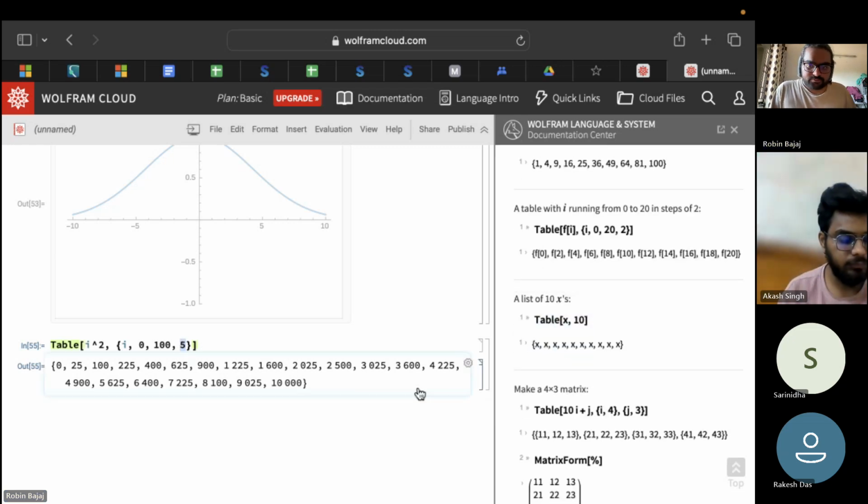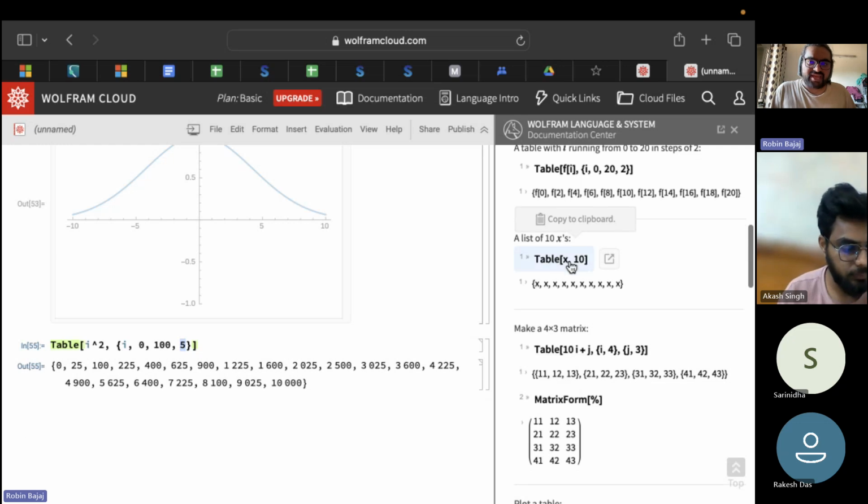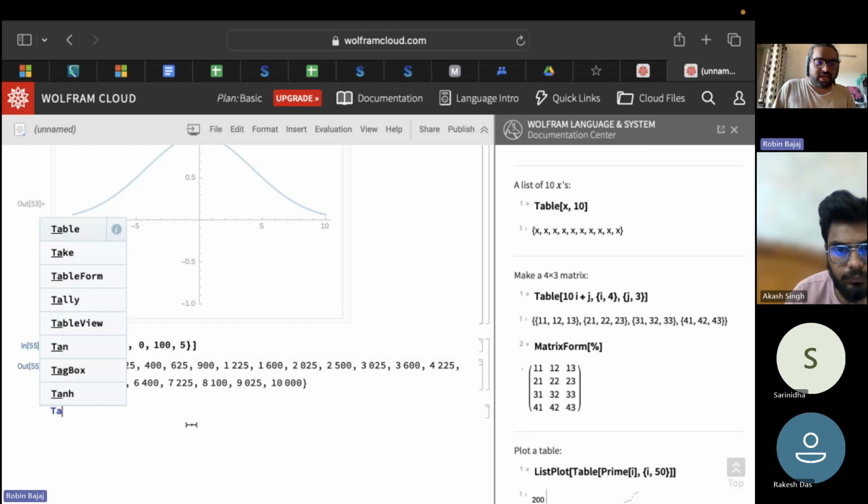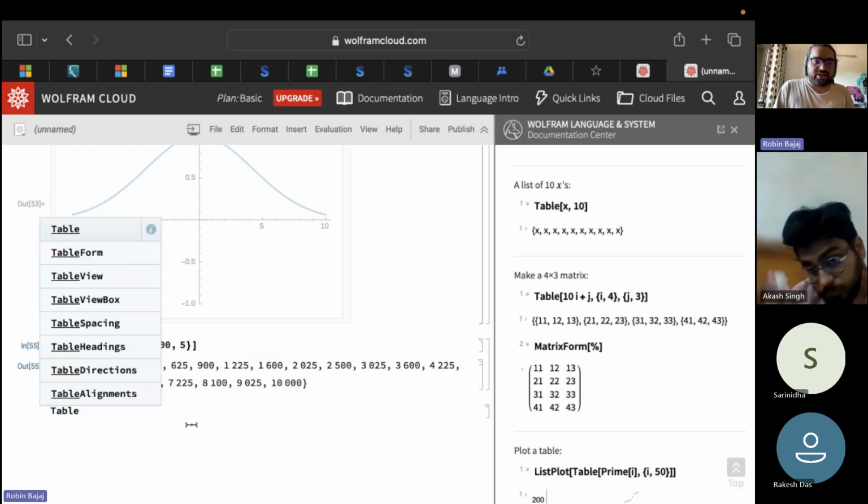Yeah, so this you can also do with x. Basically, it's repeating x because we haven't defined values of x. It's just repeating x 10 times. Now, if we want to write any matrix out of it, first we write it in the Table form, then we use the MatrixForm function.